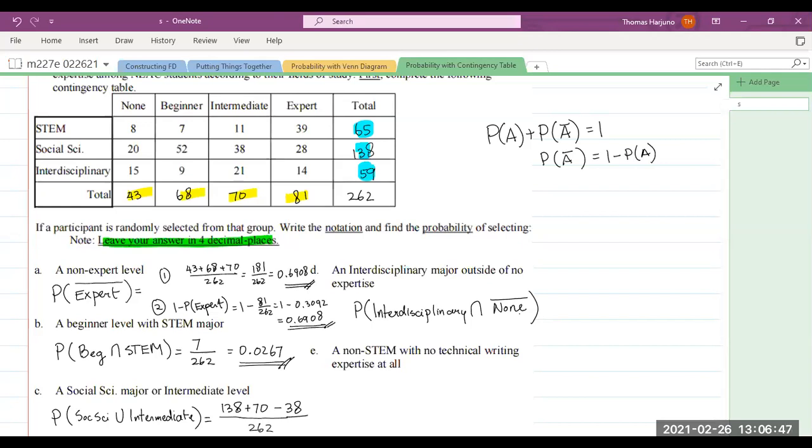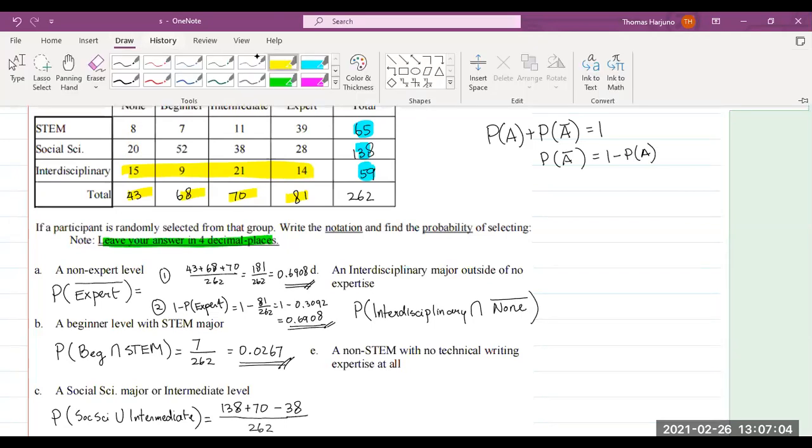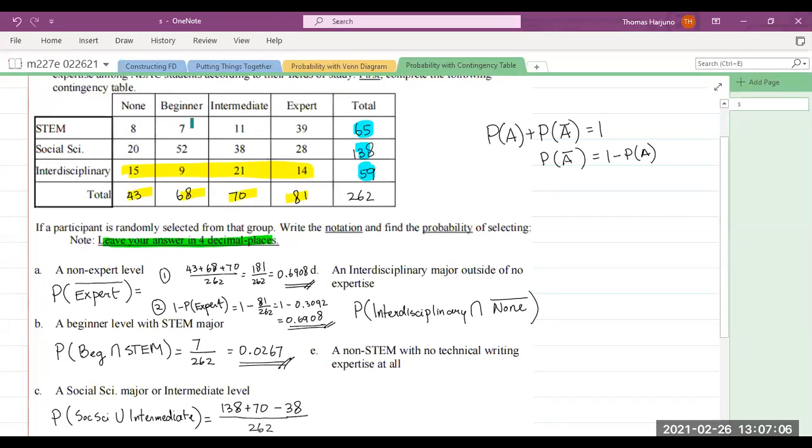Outside of no expertise. So it refers to those people who are in interdisciplinary and outside of none.